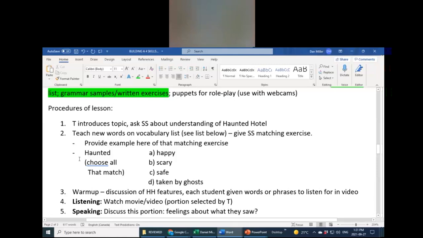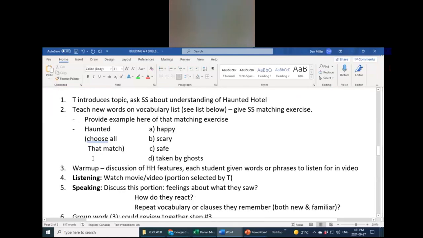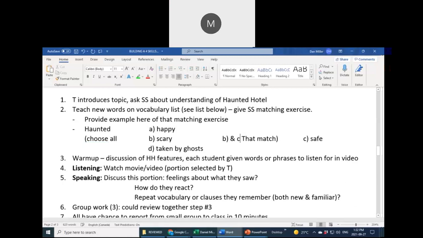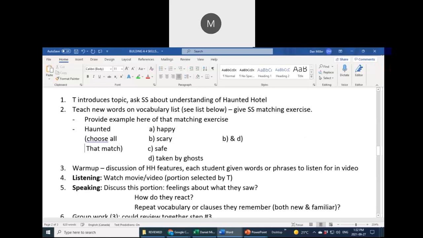Which ones would they include for haunted? If they were choosing all that matched out of the list, which ones would they choose? Out of A, B, C, and D, which ones fit haunted? B and D. B and D. Right.